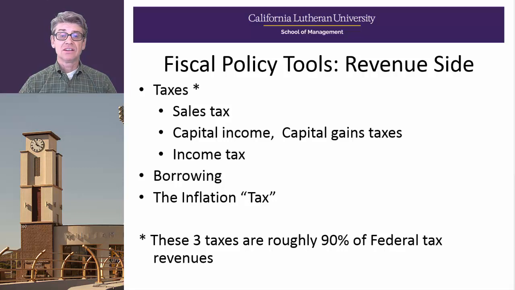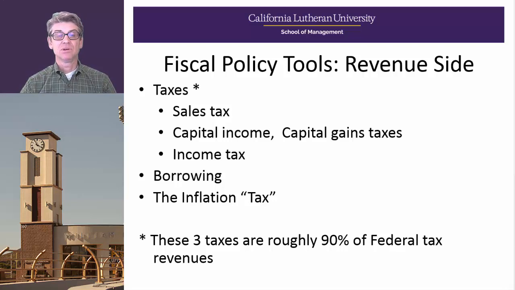I have an asterisk there after taxes and a note at the bottom. For many countries, including the United States, these three taxes are something like 90% of federal tax revenues. So you might think of other taxes. They're either small at the federal level or maybe they're not even federal, like gasoline taxes. A lot of that is state, typically.